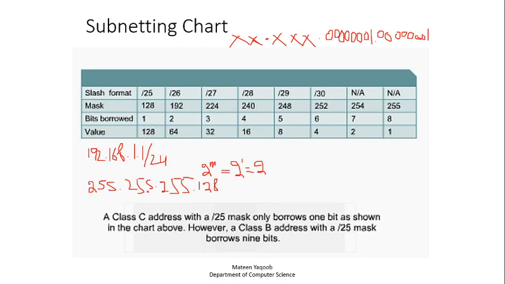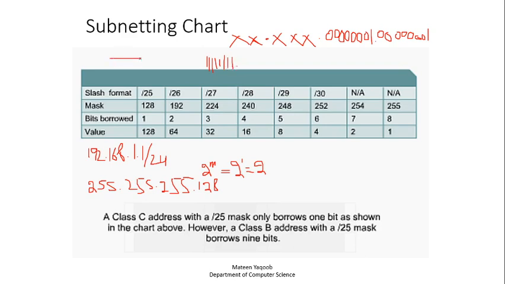And for the classful, if this is a classful IP, then the classful IP will have a subnet mask of 255.255.255.0. So 255 will have a binary of 8 ones, 2, 3, 4, 5, 6, 7, and 8.